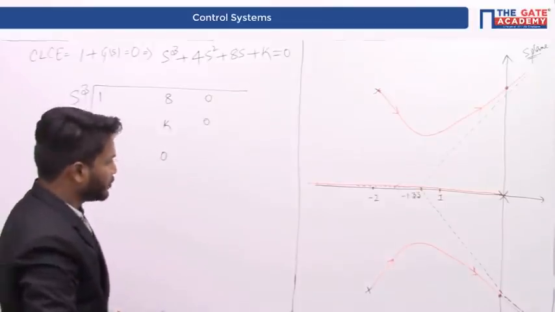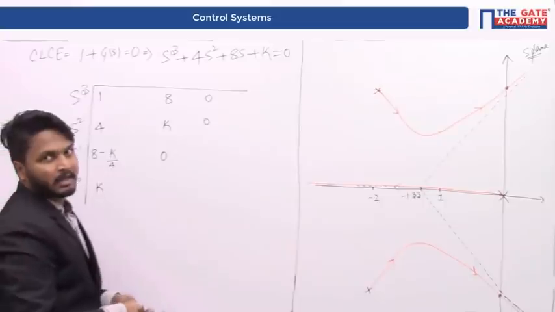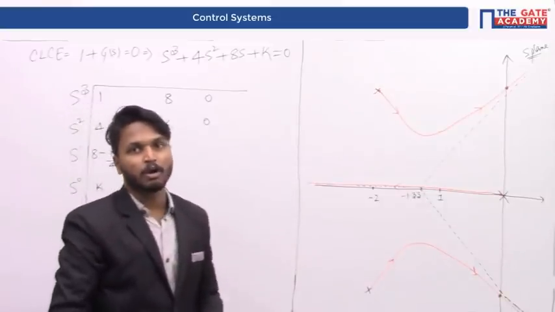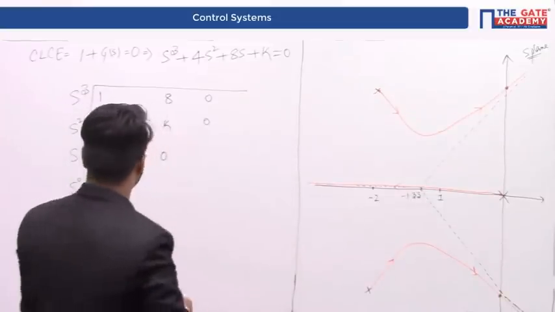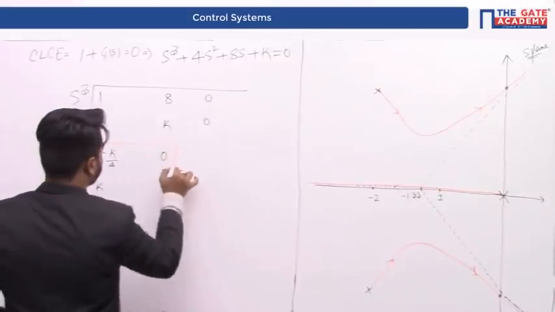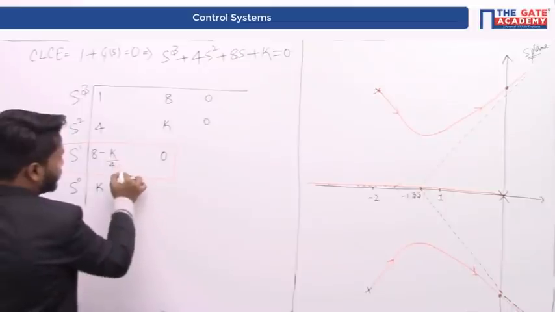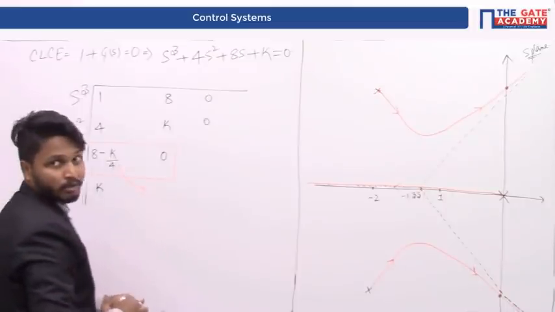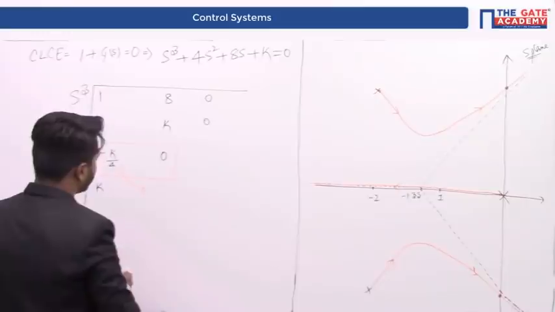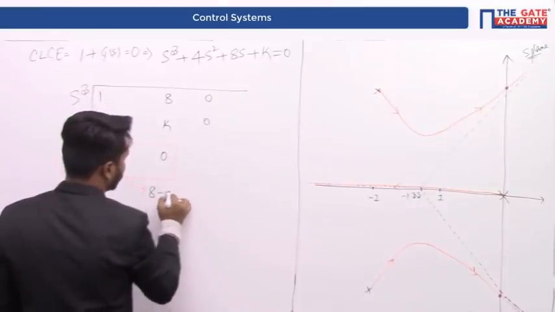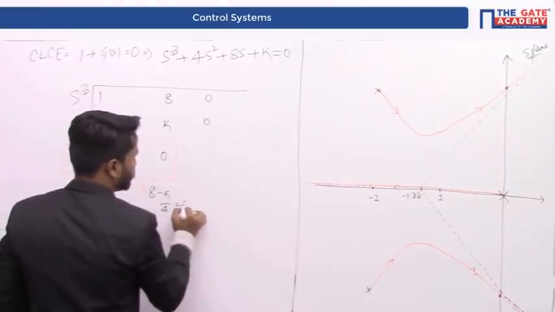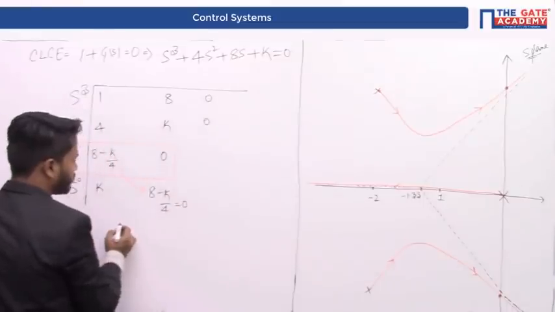For the system to be marginally stable, an entire row corresponding to odd power of s must be 0. Therefore, let us make this particular row 0. If this row is 0, this element 8 minus K by 4 is going to be 0. If 8 minus K by 4 is equal to 0, then what is the value of K?